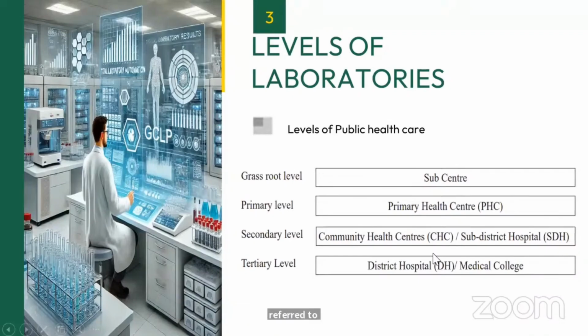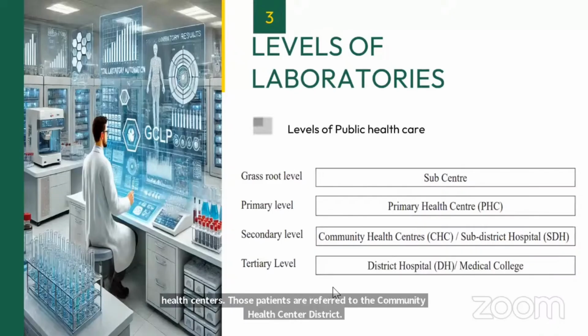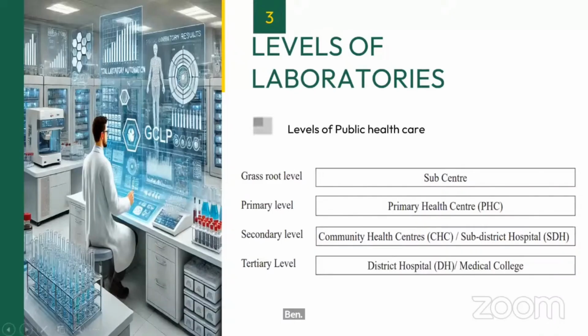Those conditions which cannot be managed at the primary health center, or where facilities are lacking there, are referred to the district hospitals and medical colleges. So these are the tertiary levels in public healthcare in the Indian scenario. This is the public sector healthcare system we see in India.